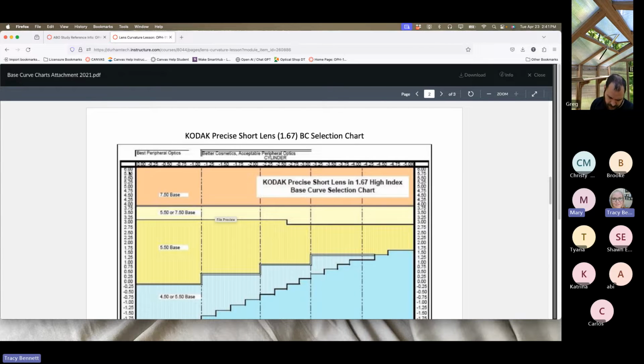We just look at the chart. The only math you might have to do would be to transpose it into minus cylinder form. But other than that, no, there's no math at all. Okay, so we might have to if it's in plus. Yes, if it's in plus, you absolutely have to change it. All of them are all minus cylinder. All these charts are always minus cylinder. Okay, thanks. You're welcome.